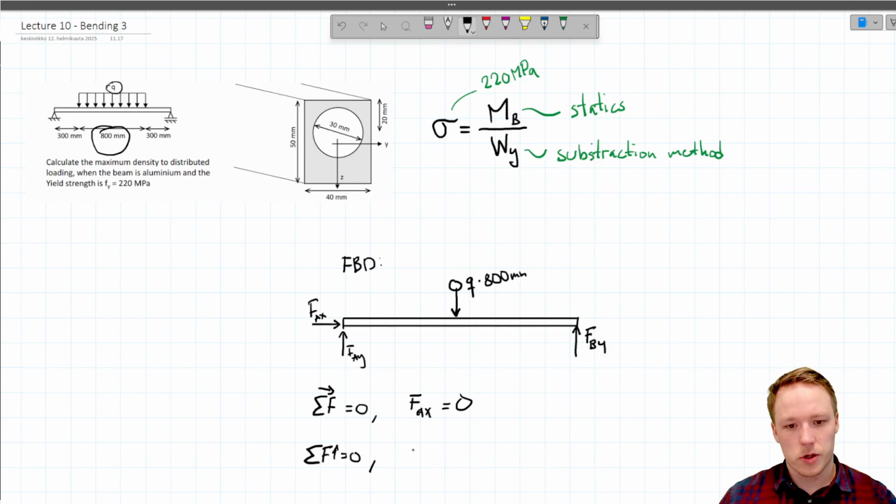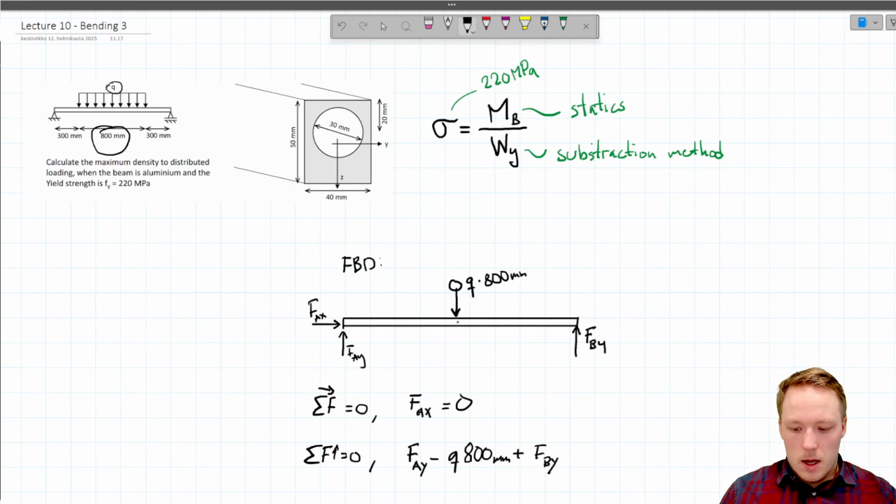In vertical direction we have FAY to positive direction. Then we have Q times 800 to negative direction, and then we finally also have FBY to positive direction, like so. And this one has to be 0.